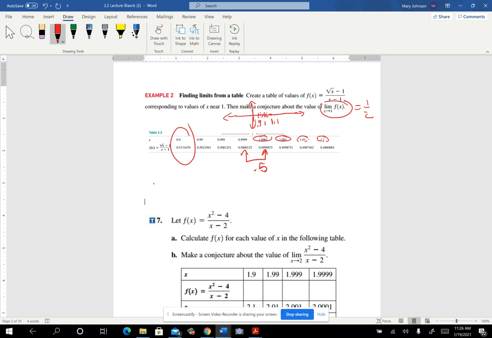When you're dealing with this on your calculator and trying to figure out limits using a table, and you put in 0.9 there, make sure you close the parenthesis, then subtract 1, then put in the 0.9 minus 1. This is harder to enter than you think.